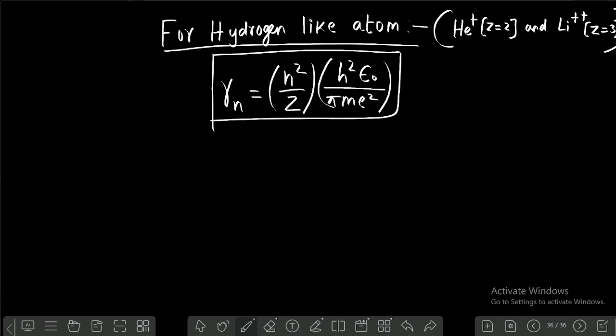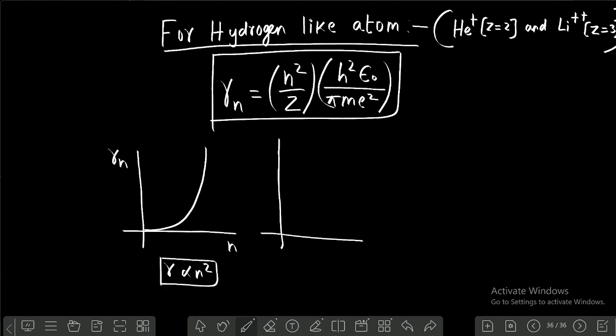From this Rn formula you are getting one point. The radius and n graph comes like this because radius is directly proportional to n square. If I do the radius and n square graph, I will get a straight line.